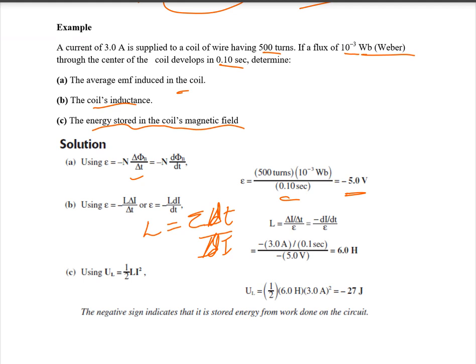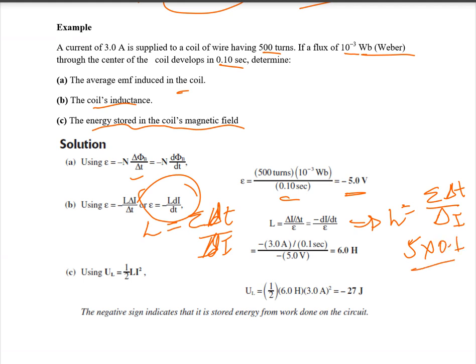From this equation, the equation which you derive is that inductance is equivalent to induced EMF divided by change in I, multiplied by change in t. Therefore, the induced EMF is 5, multiplied by change in t, which is 0.1. The current is 3. Therefore, finally, you multiply 0.5 divided by 3, and it's around 0 point something.